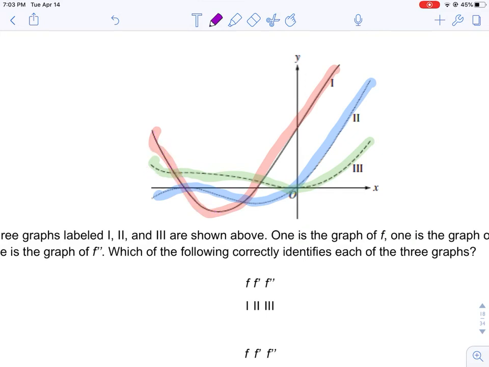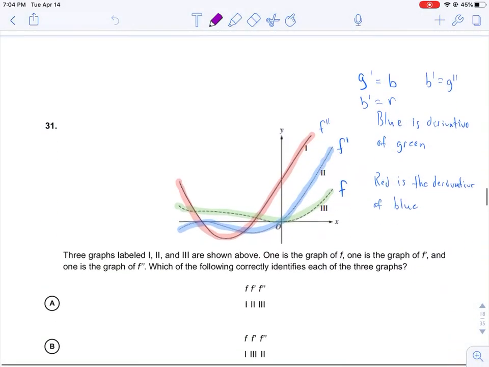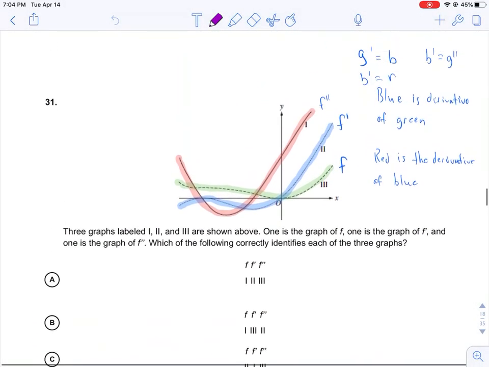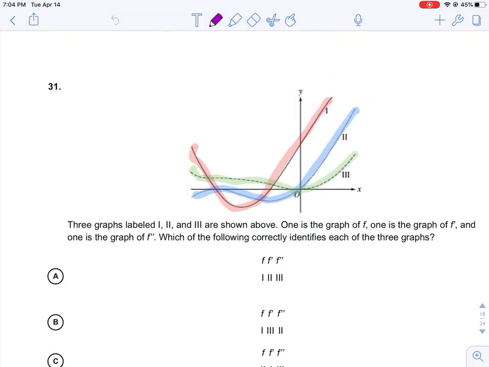And blue is below the x-axis to start, but then when this changes to a positive slope right here, it still has negative values. So the derivative of red isn't on here, which means f double prime, sorry, is graph 1, or the red one.